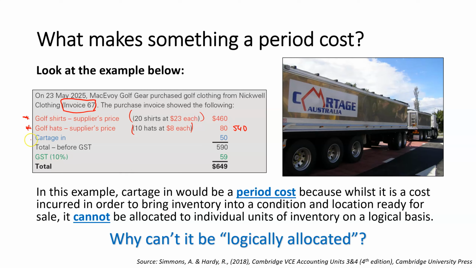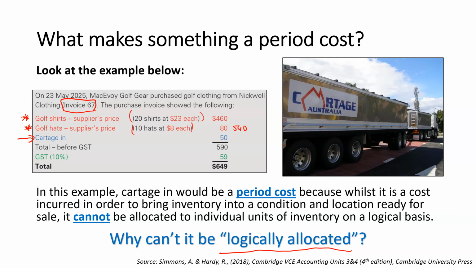We then had cartage in, and cartage is another word for delivery or freight, of $50 for that invoice 67. That $50 covered the shipping of the golf shirts and the golf hats. So you can see here that our cartage couldn't be logically allocated, because this cartage has to cover both shirts and hats.